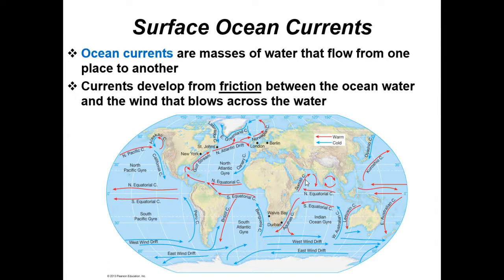Okay, as you have seen and will continue to see throughout Earth science, Earth is a very dynamic system, yet somewhat predictable. By that I mean Earth is always trying to reach some sort of equilibrium.